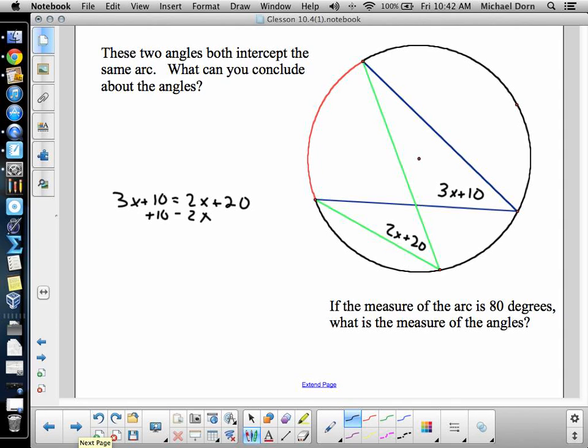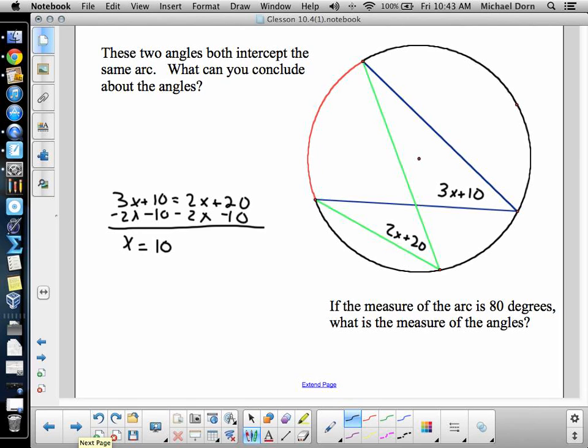Oops, minus 10, sorry. I get x equals 10. So that means each angle is how much? 10. No, just kidding. 40.